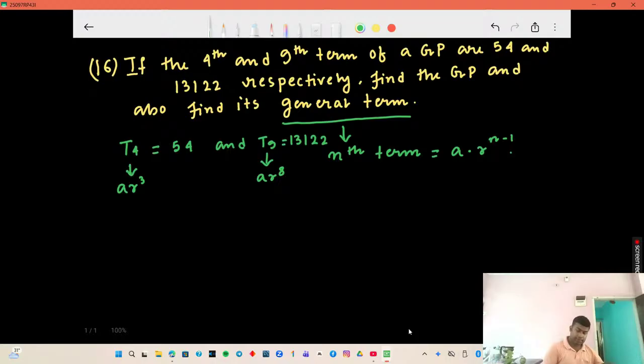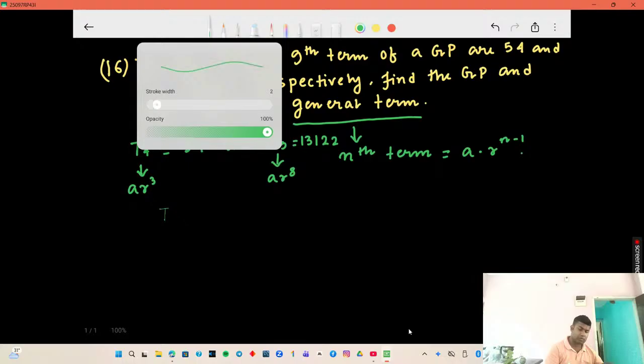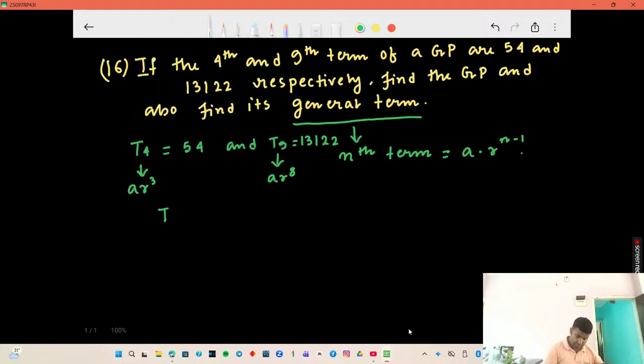So here T9 by T4 is equal to 13122 by 54.